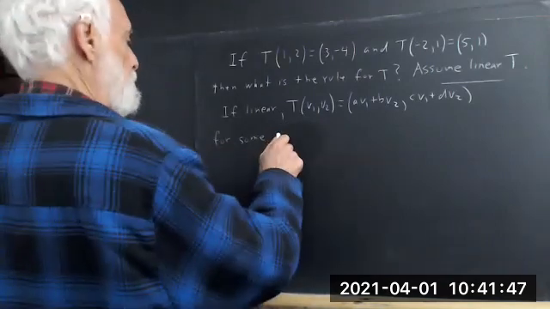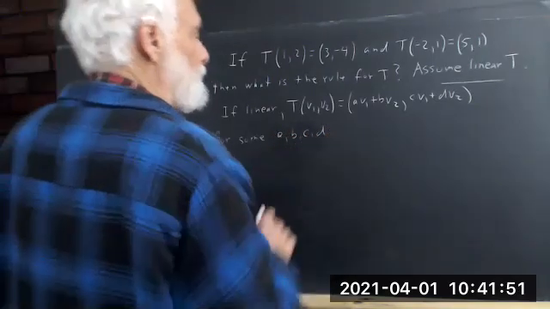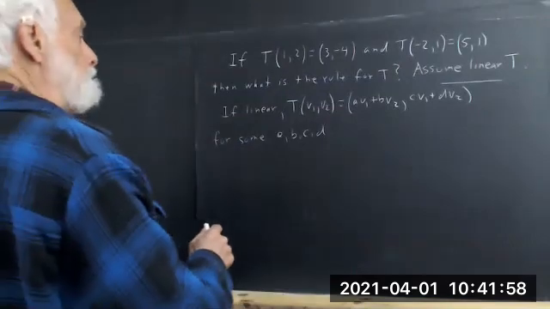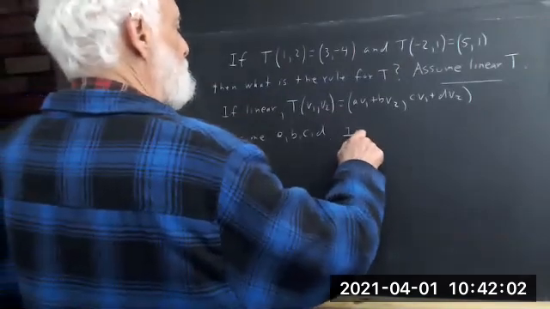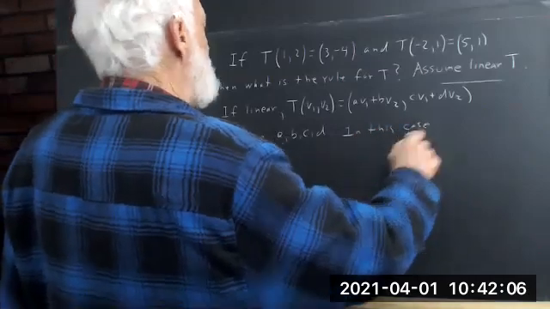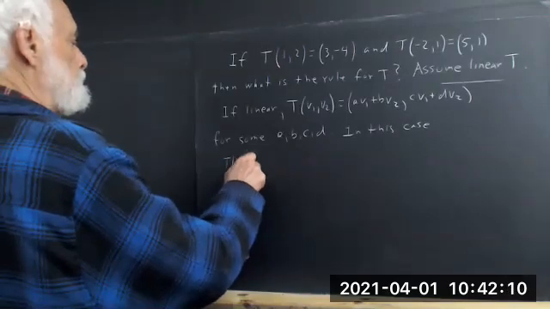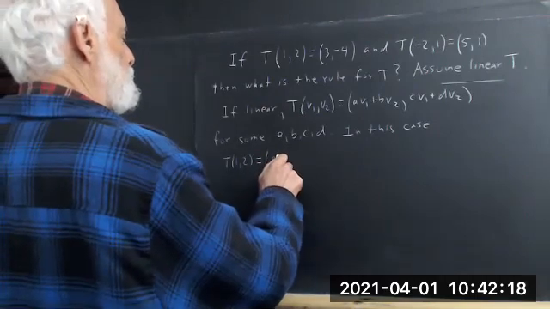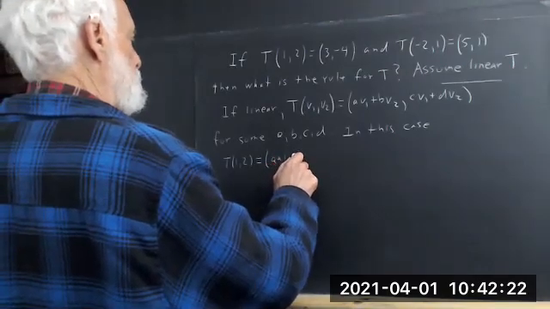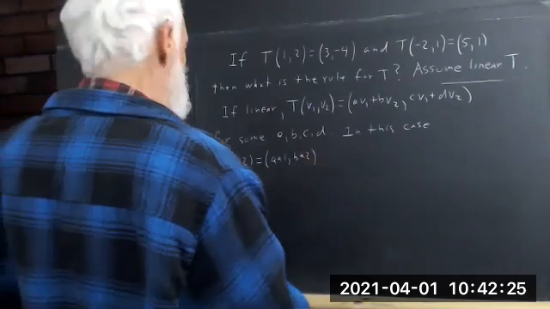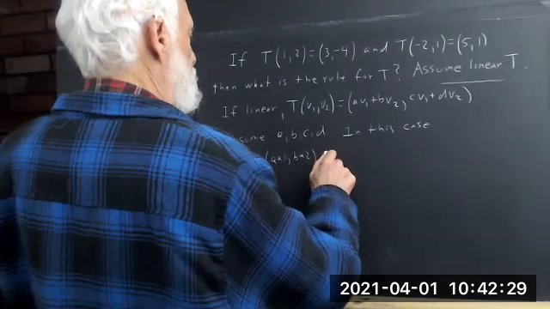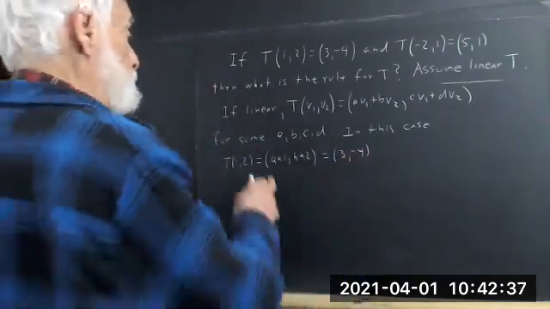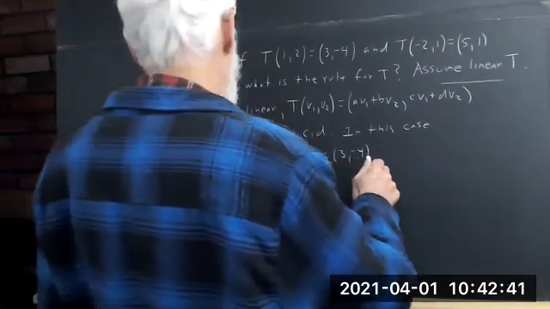Okay, for some A, B, C, and D. Okay, well, for these conditions, T of 1, 2 would equal A times 1 plus B times 2, and that would equal 3, negative 4, so that A plus 2B has to equal 3, negative 4.